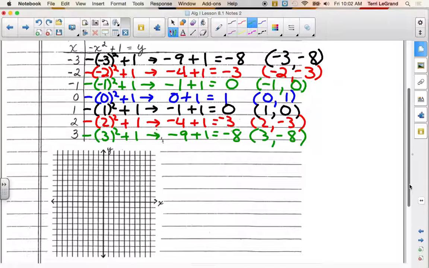And go ahead and graph your points. Notice this time we have 7 of them. Sometimes I like to do more than 5 and get a better graph. So sometimes I might pick more than 5 x values for you to do.